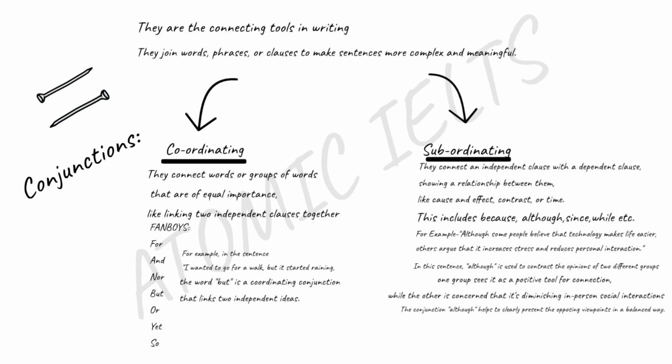In this sentence, although is used to contrast the opinions of two different groups. One group thinks technology simplifies life, while the other believes it has negative effects. The conjunction although helps to clearly present the opposing viewpoints in a balanced way.